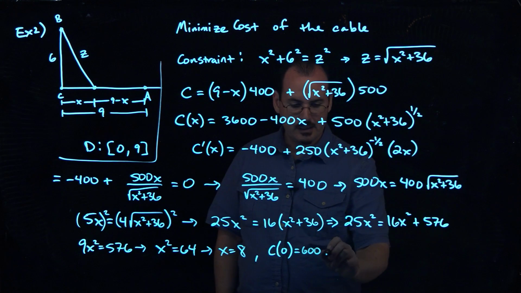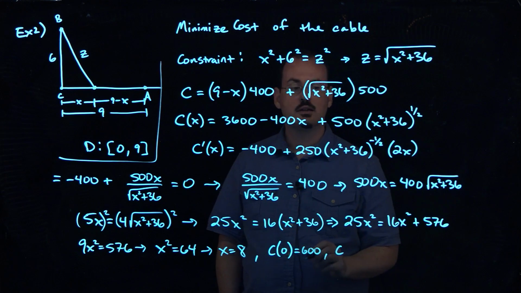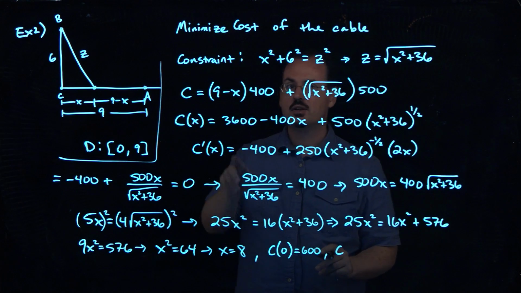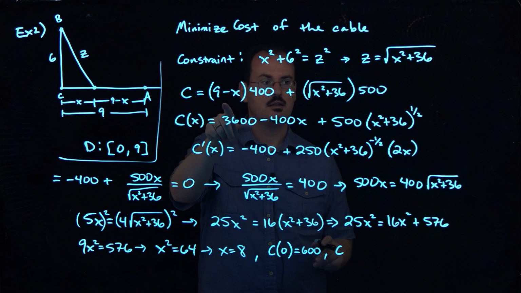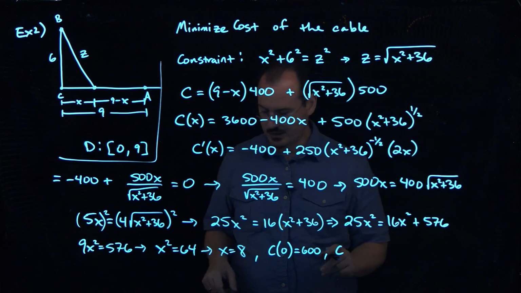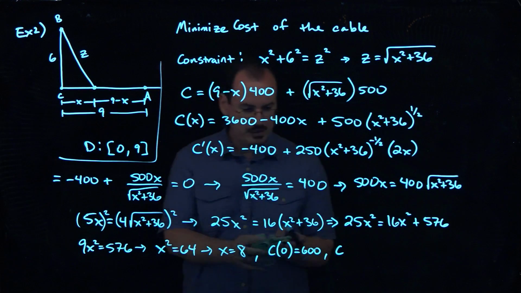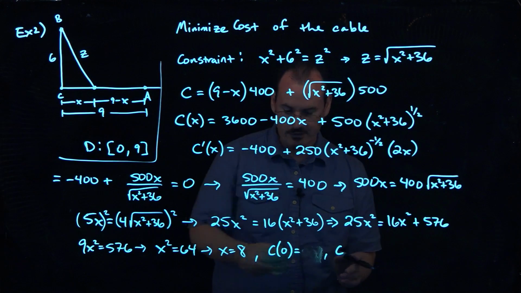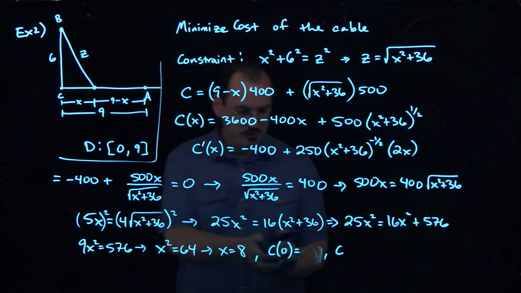If I plug in the other endpoint 9, see what happens. Oops, I'm sorry, I plugged this into the wrong thing. Disregard what I just said about that. I'm supposed to plug it into the original function, not the derivative. So let me redo that.